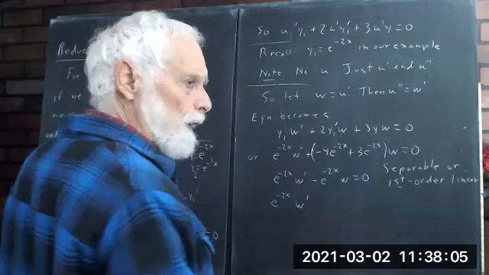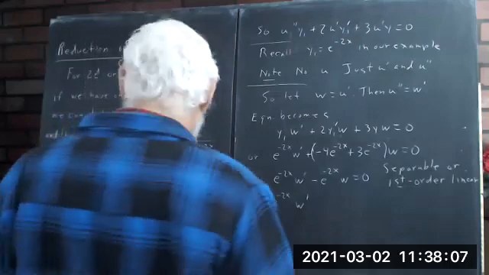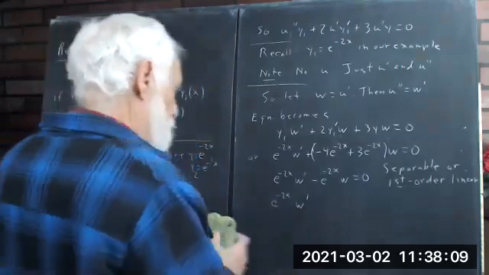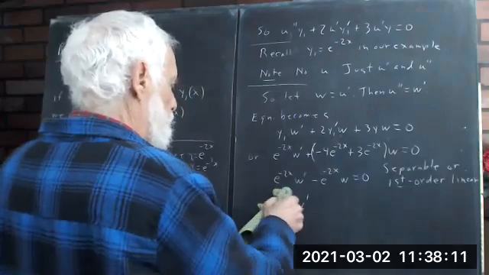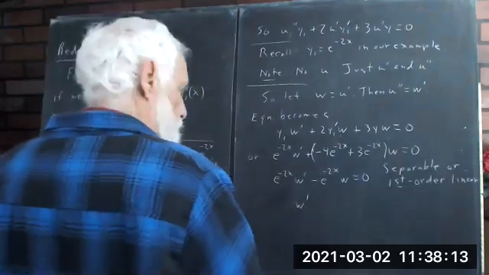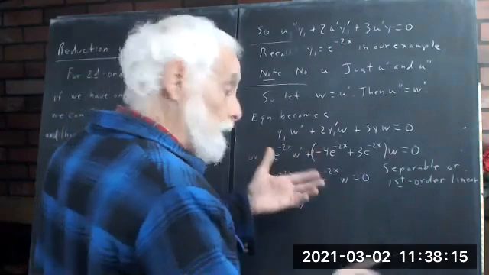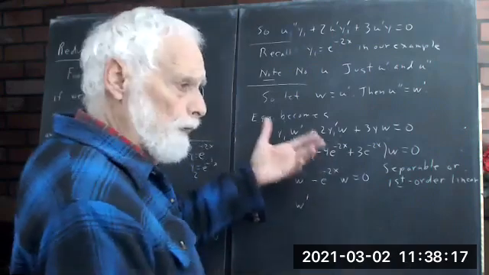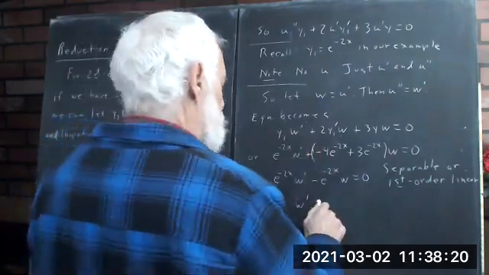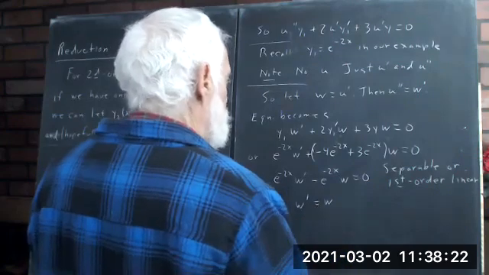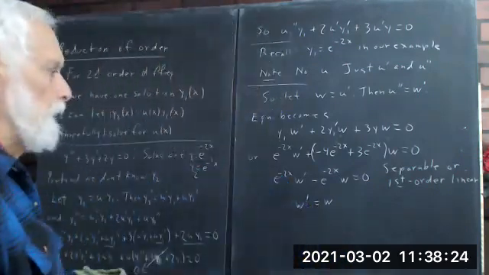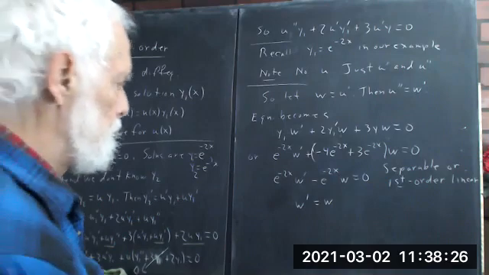I'm debating about whether to divide that e to the negative 2x out of there or not. And I guess I do want to divide it out of there. I'm going to just skip that step that clearly divides out, and e to the negative 2x is never 0, so we don't have to worry about that. And we get w prime equals w.